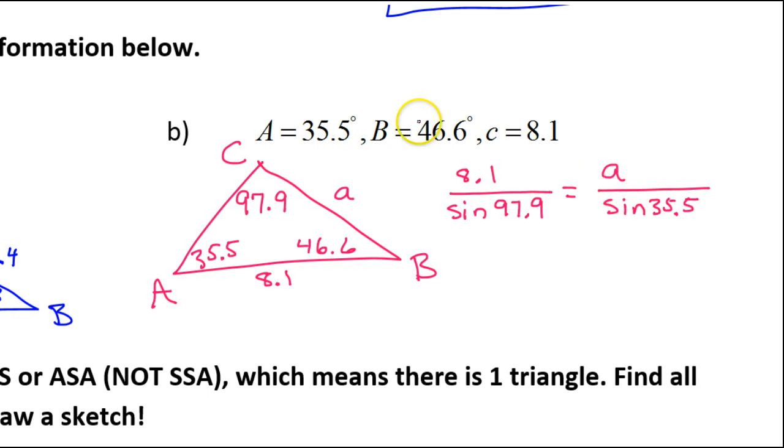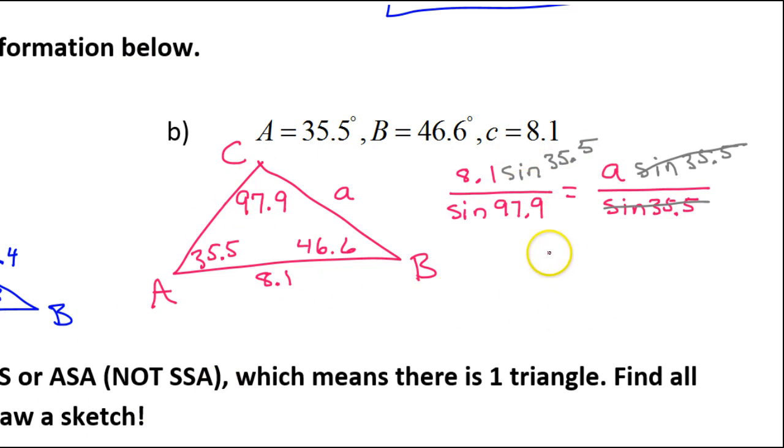So if I want to solve this for side A, I can just multiply both sides by the sine of 35.5. That way these will cancel each other out, and that will leave side A. So I'm just going to put this whole thing in my calculator at once.